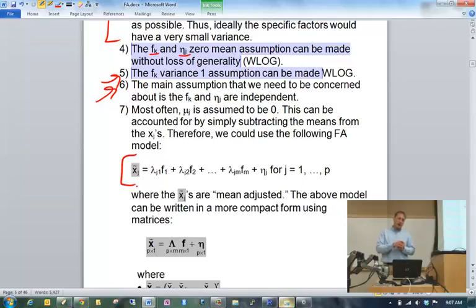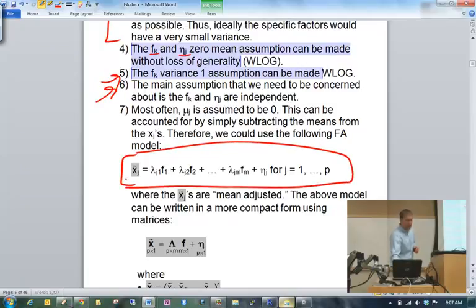Often you will see a factor analysis model in some textbooks represented like this, where instead of an x on the left-hand side, we have an x tilde, which is just convenient notation for the mean adjusted x's. Take an x, subtract off its mean, and you get an x tilde. It's not a big deal. It's just a different way to represent the model.